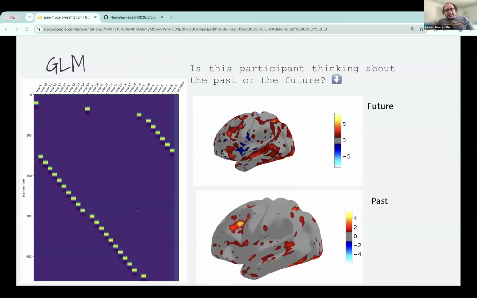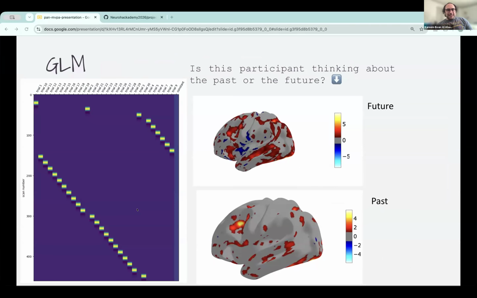Using the task GLM, generalized linear model, rather than averaging all the trials in a certain category, we modeled whole brain activation for each trial on a trial by trial basis. So we could keep the beta weights for each trial and use the most amount of information in the model.